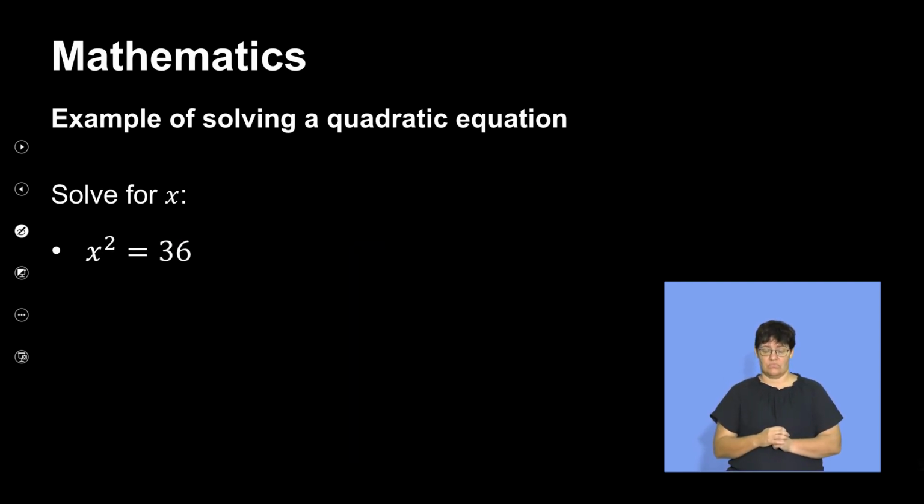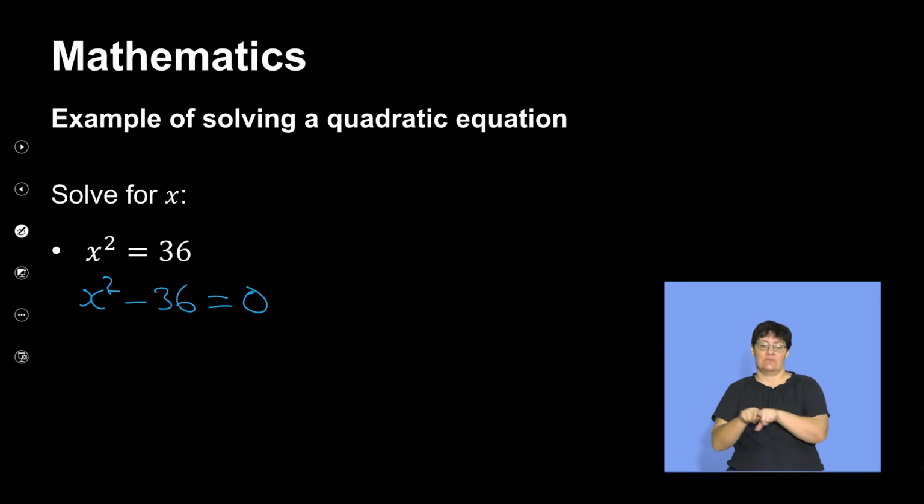Another example here will be, firstly, remember the main step that I said we always need to adhere to is that it is in standard form, meaning one side is always equal to 0. So, firstly, you must make it in that form. It becomes x squared minus 36 equal to 0, right?